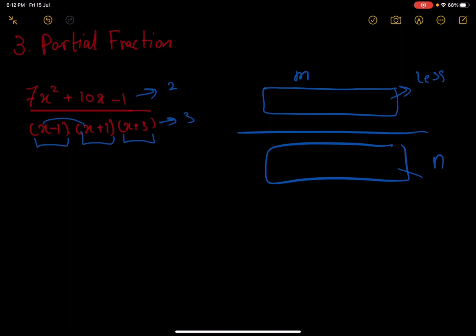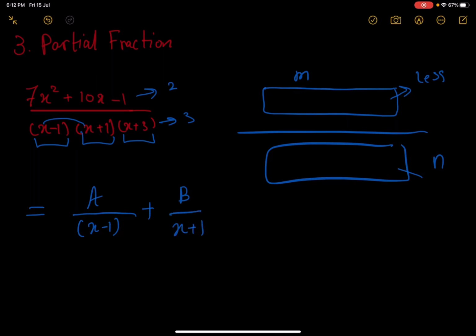So how does it work? Basically, we're going to use some constants. The first constant is a, taking the first bracket, so a over x minus 1. Then moving to the second bracket, b over x plus 1.